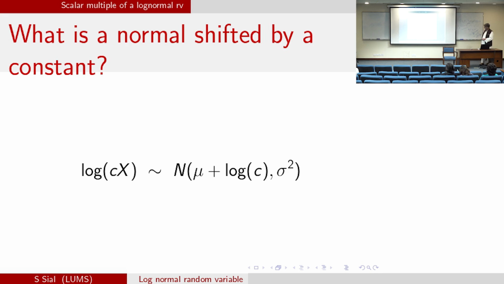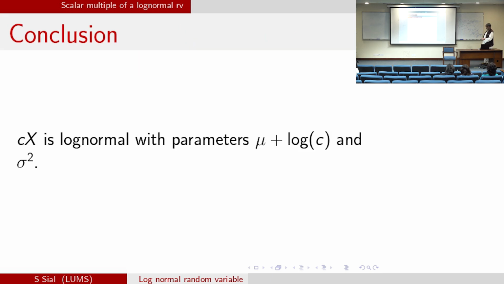You get a normal. The variance is the same, except you end up shifting its expectation. So if X is log normal, then c times X with c bigger than 0 is also log normal. It has an expectation of the old expectation plus the logarithm of c, and the variance does not change.